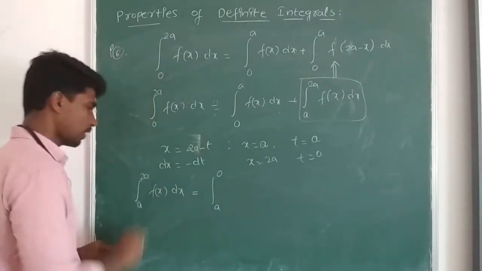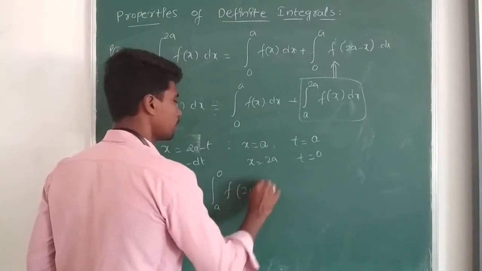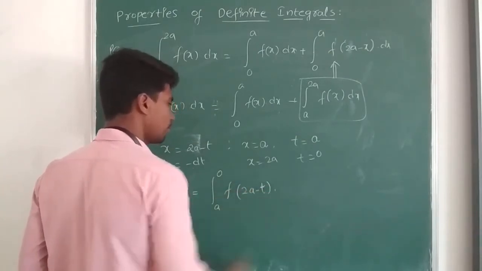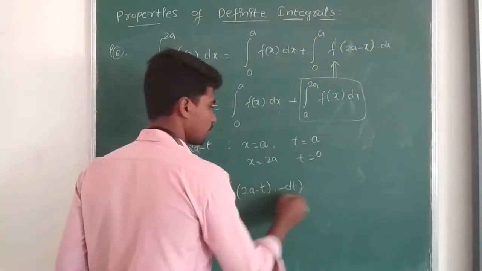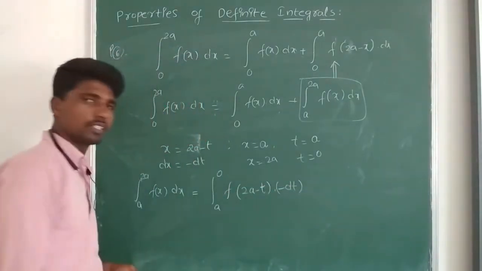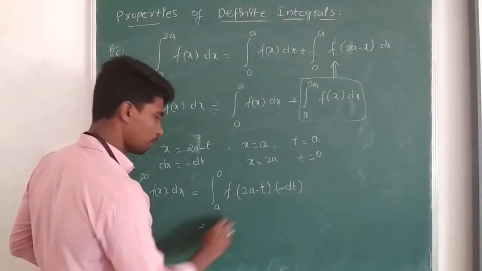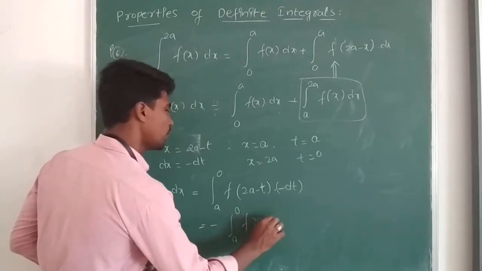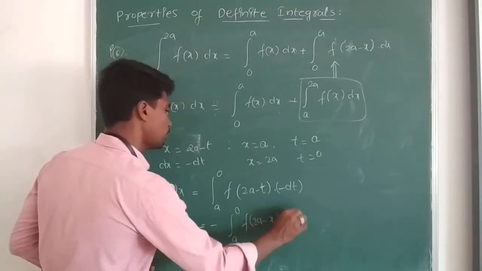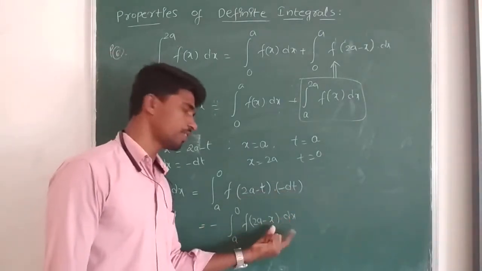So a to 0, and f of x I substituted as f of 2a minus t, into dx which is equal to minus dt. So now we get minus integral a to 0 f of 2a minus x dx. I hope you understand why I wrote x: I have just changed the variable back in terms of x.